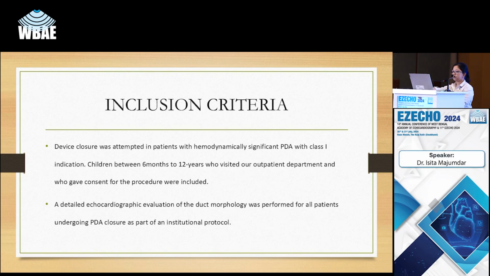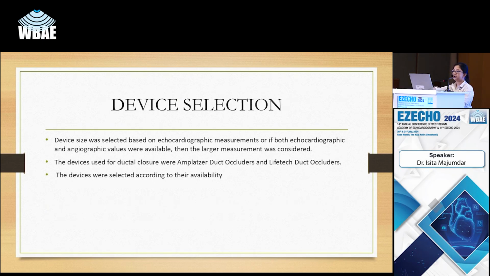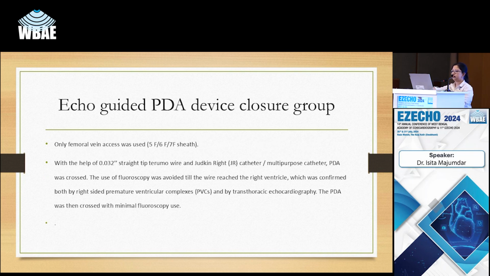All children between 6 months and 12 years were included. A detailed echocardiography was done, and from the echocardiography, a device size of +2 to +4 was selected, and the devices included ADO or LifeTech. After femoral venous access, we proceeded from the subcostal view, and then we entered ECG guided.